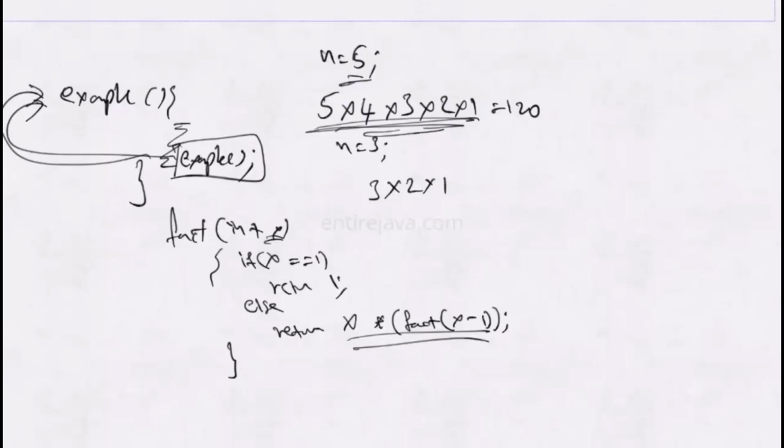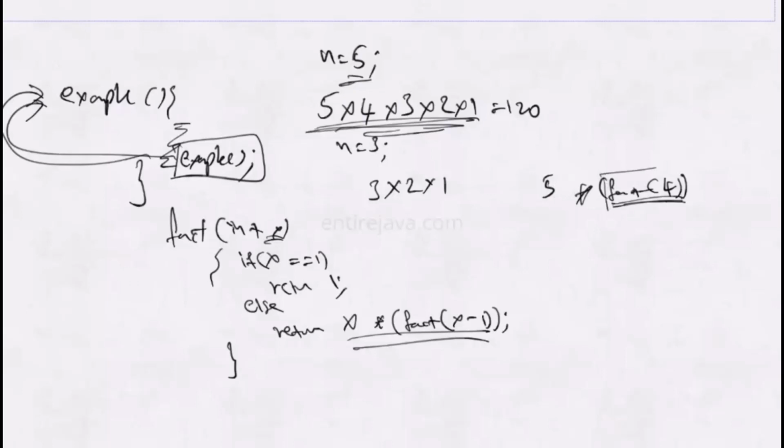What this statement essentially does is 5 multiplied by the factorial of 4. So 5 multiplied by the result of this method call. Whatever gets returned from this method call will be multiplied with 5.